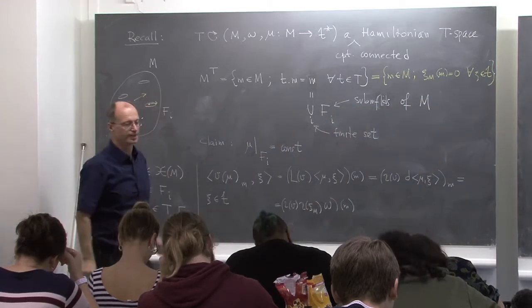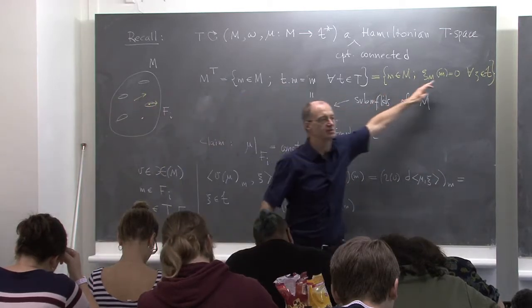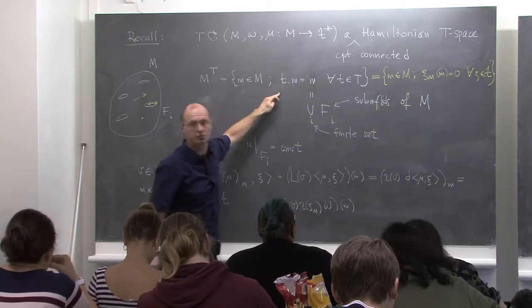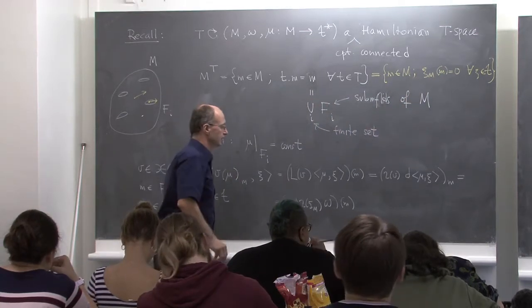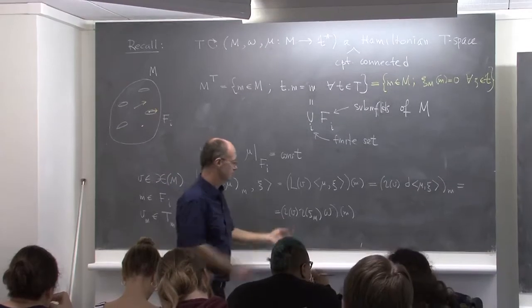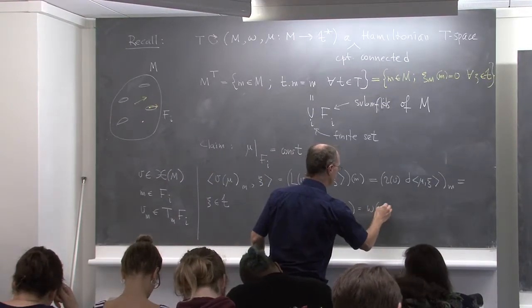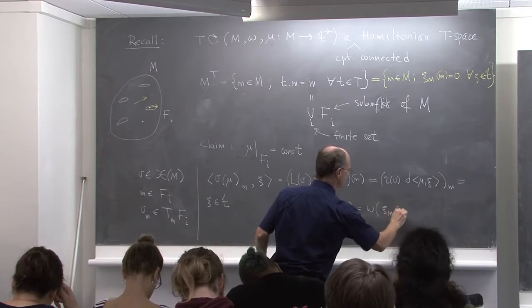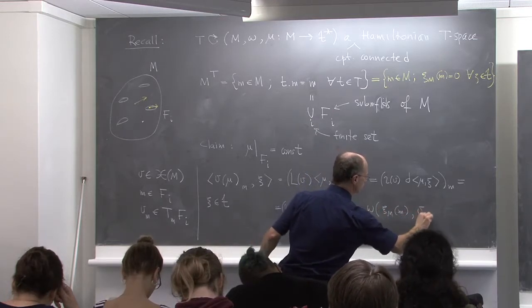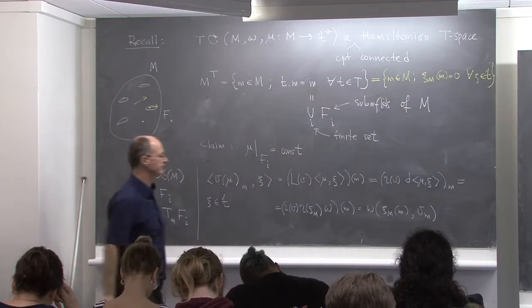So this is the infinitesimal description, and the other is the global description. Now, what is this? This is omega of psi M of m, Vm, right?